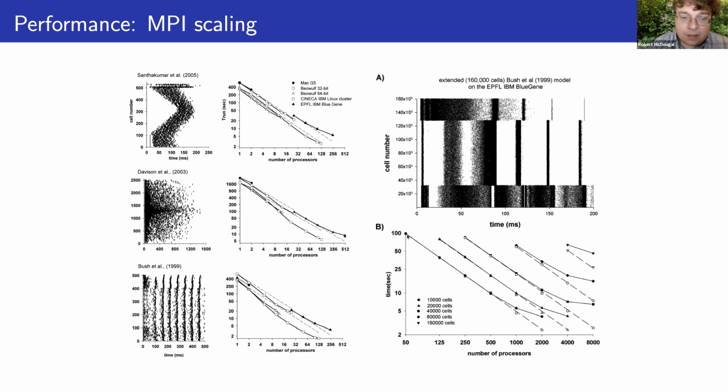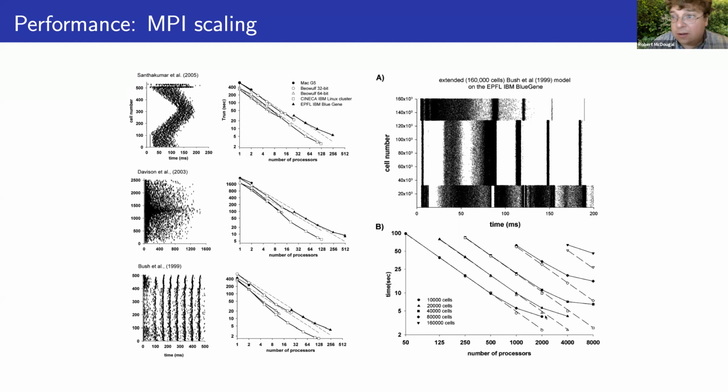But when the number of cells starts to be on the same order as the number of processors, then you're not going to get a linear speedup, and you're going to start to see the effect of load imbalance. And that's just the way it is.